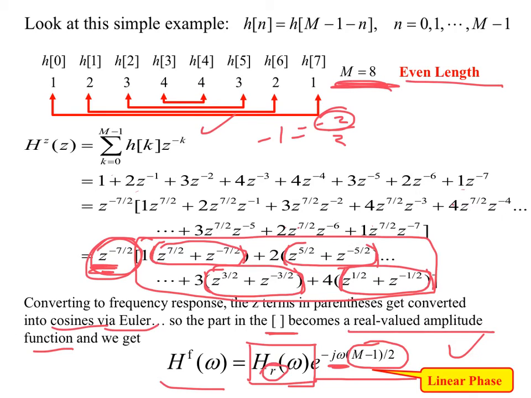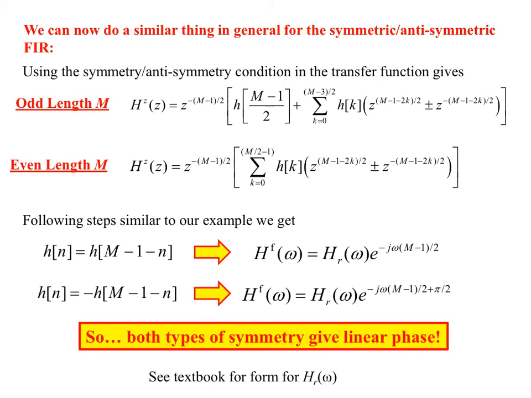And you could do a similar kind of series of steps for the generic case of the positive sign symmetry with even length and show that you get linear phase, and you can do the same thing for the other three cases in general.